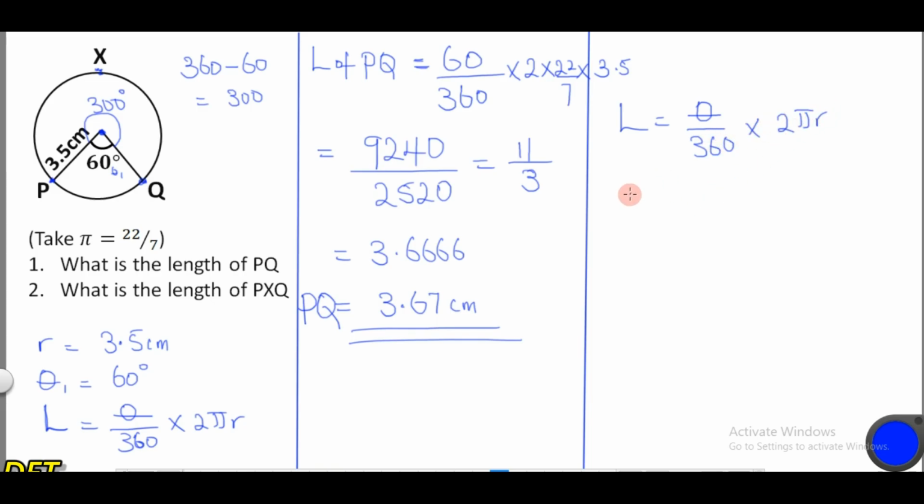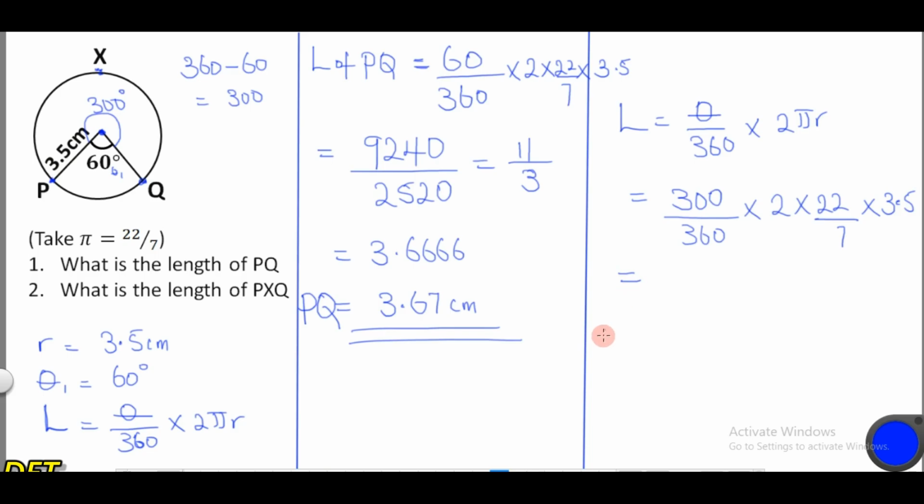So theta here, the angle subtended by this major arc PXQ, is 300. That will be 300 divided by 360 times 2 times pi, which is 22 over 7, times the radius of the circle, 3.5 centimeters.